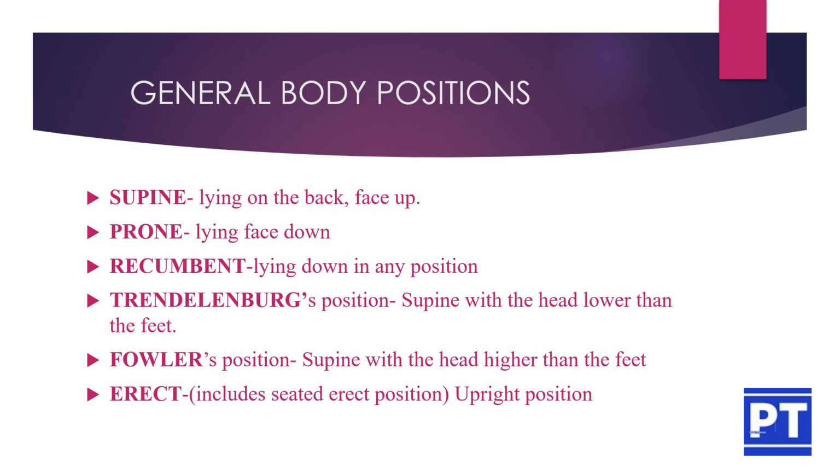When the patient is supine with the head lower than the feet, it is known as Trendelenburg position, and the patient supine with the head higher than the feet is known as Fowler's position. And when the patient is in an upright position, I mean when the patient is standing, it is known as the erect position.